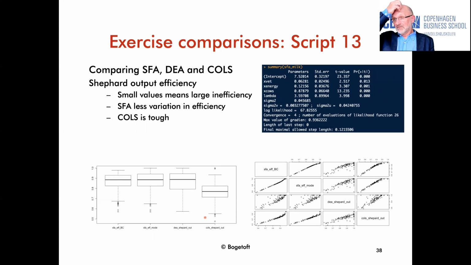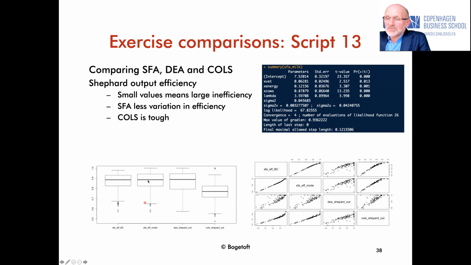No point is beating the frontier. So you can take a look at that, but you see also that they are positively correlated, the mode and the Battese-Coelli expected u estimator. It's quite similar, highly correlated.